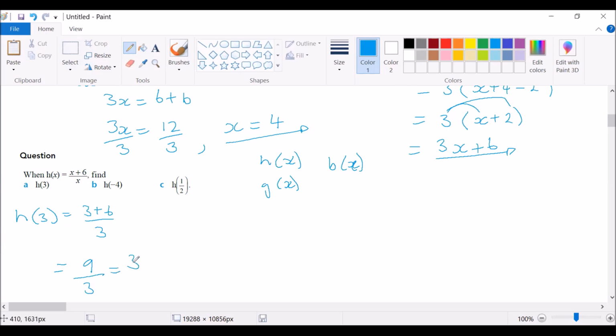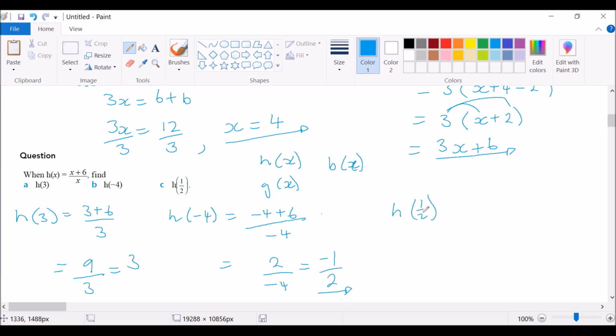So h of 3 is 3. H of minus 4. Whenever we see x, we should put minus 4. So h of minus 4 is minus 4 plus 6 over minus 4, which is 2 over minus 4, which will simplify to minus a half.